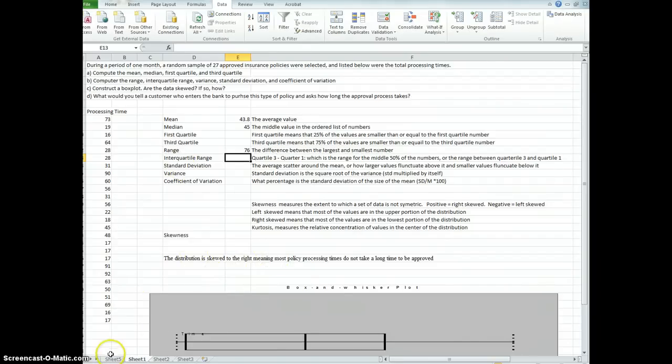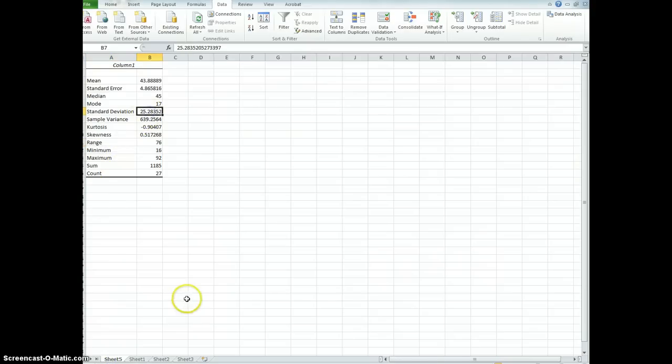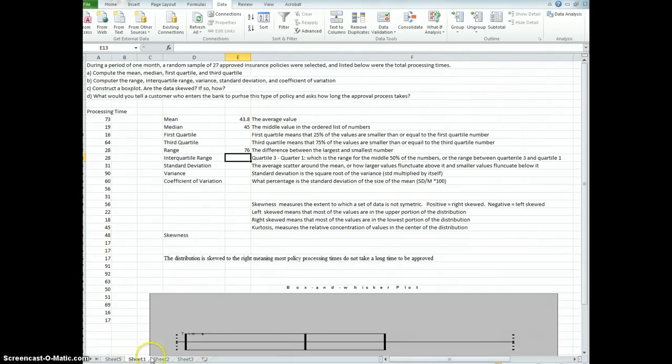Let's see if we can get our standard deviation, which is 25.28, which is the average scatter around the mean, meaning how larger values fluctuate above 43.8 and how smaller values fluctuate below it.